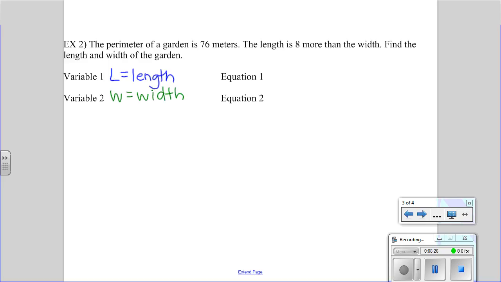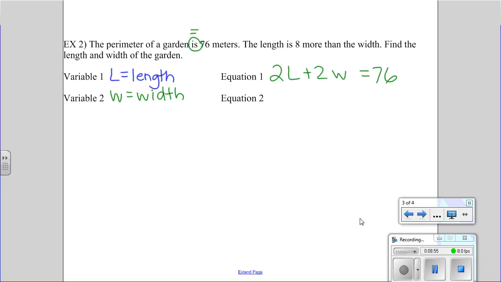And so it says the perimeter of a garden is 76 meters. The word is a key word in math. What symbol would it be? Equal. So we know the perimeter equals 76. Well, I think I just told you how to calculate perimeter, didn't I? What's that formula going to be? 2L plus 2W.